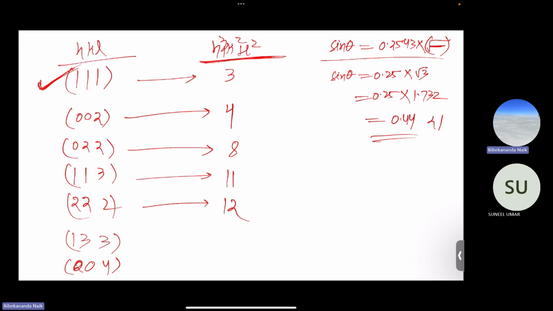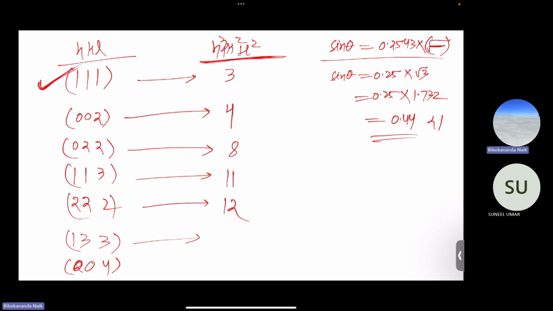The first will be 111, then 002, then 022, because the next higher value of h square plus k square plus l square is 8. Then the next higher value is 11, which corresponds to 113, then 222, then 133, like that.